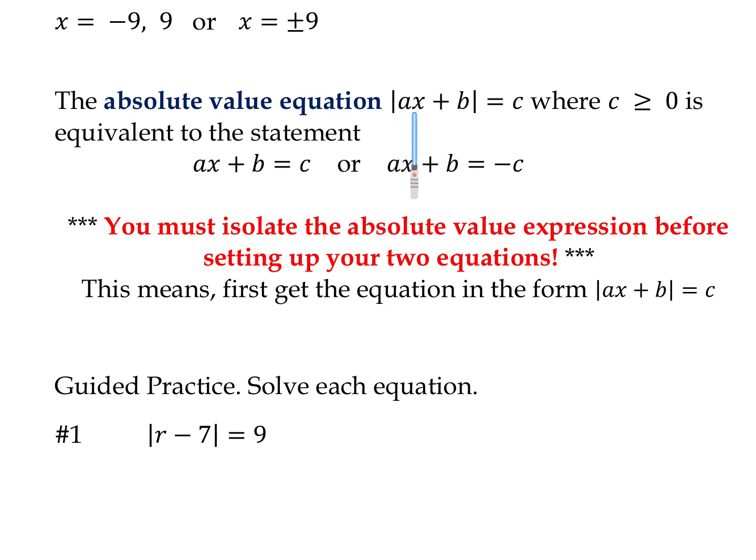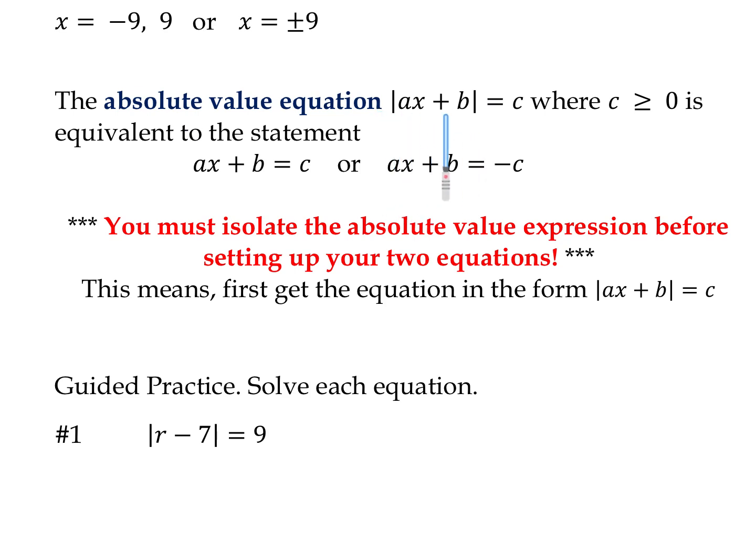So this is saying that we could take ax plus b and find out when that would be equal to c, or we could take ax plus b, this absolute value expression here, and set it equal to negative c, just like we saw with the absolute value of x equaling 9 and negative 9. The key here, a couple things: you have to isolate the absolute value expression. Okay? So we have to get rid of anything outside the absolute value expression.